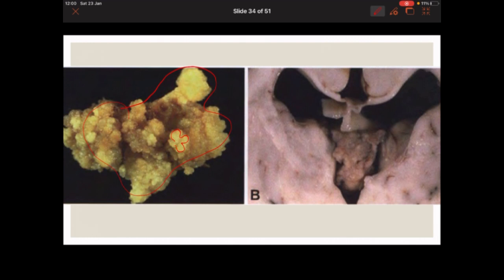They have this exophytic, cauliflower-like appearance. In this picture, we can appreciate a choroid plexus papilloma arising at the posterior of the third ventricle, causing an obstruction and ventricular dilatation.